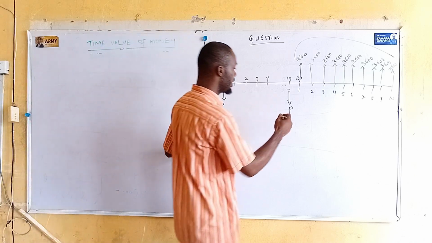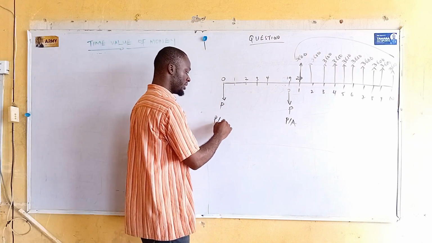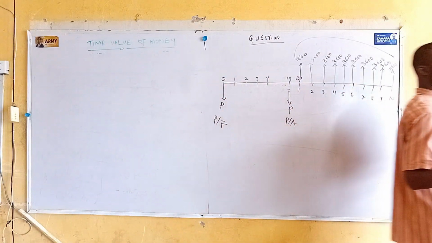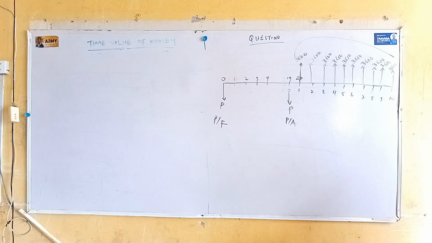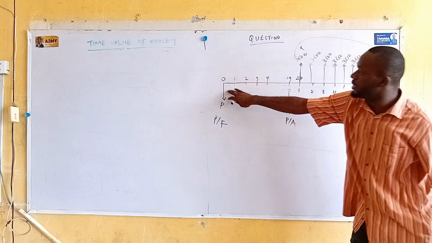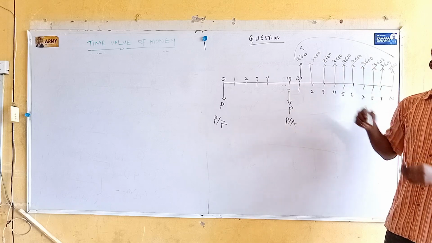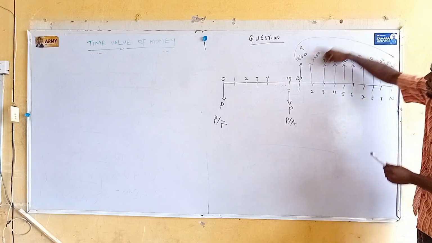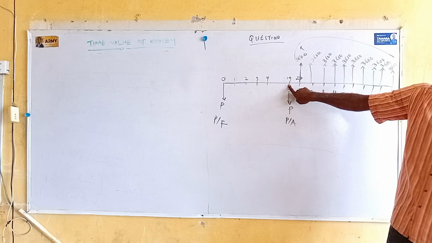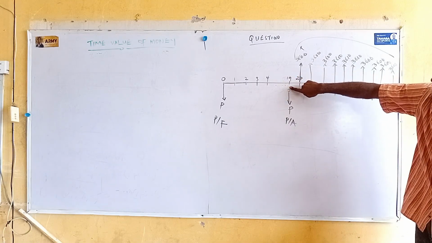So we find P giving A here. Now come here and find P giving F. The other way is to take it one after the other. You call this one F. Find P giving F for 1, find P giving F for 2, just to find the worth of this money now. Since they are constant, find the value of the money at time 0 here, which is at 19.